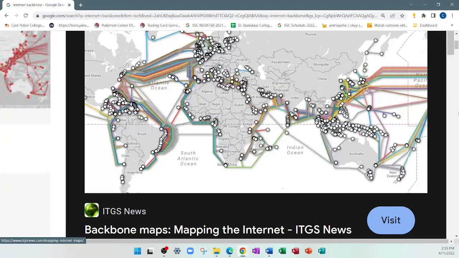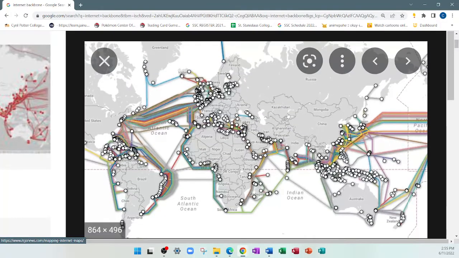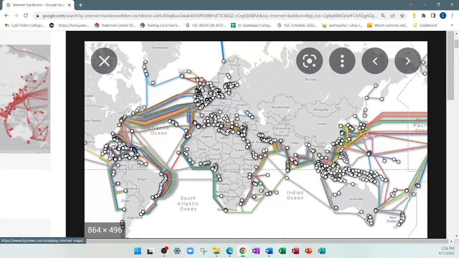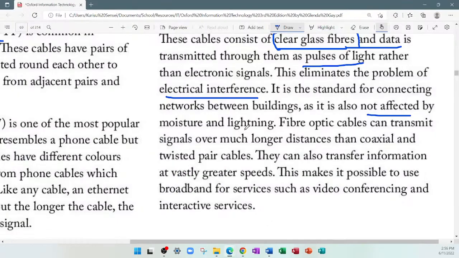Each of these colors that you see in here is actually a fiber optic cable. So imagine this here is South America, and at the top here we have North America, and there are cables running from South America to North America. That is because of the fiber optic cable. They're running basically on the ocean floor.